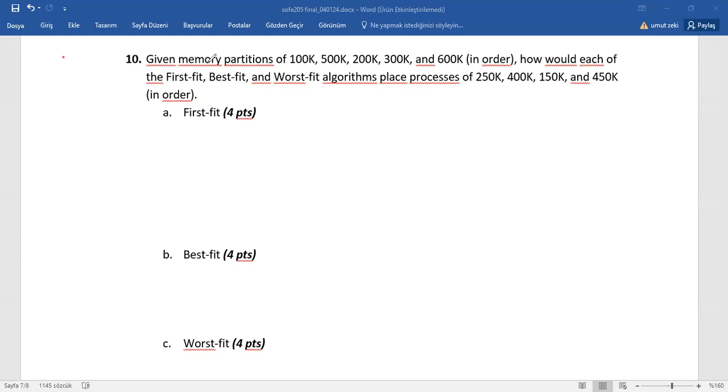We did similar questions in lecture, but I think students get confused because I didn't give them the drawing, and I just gave them the question like this. You just need to consider these partitions, okay?